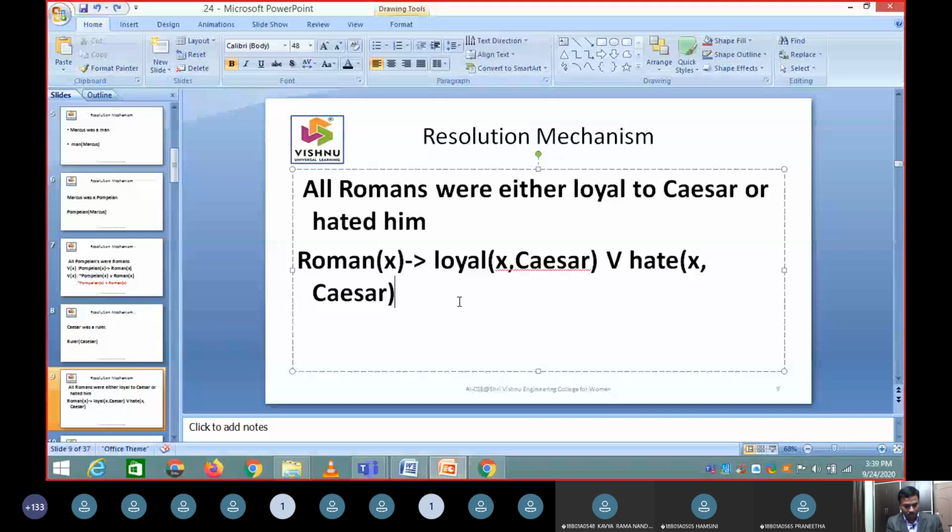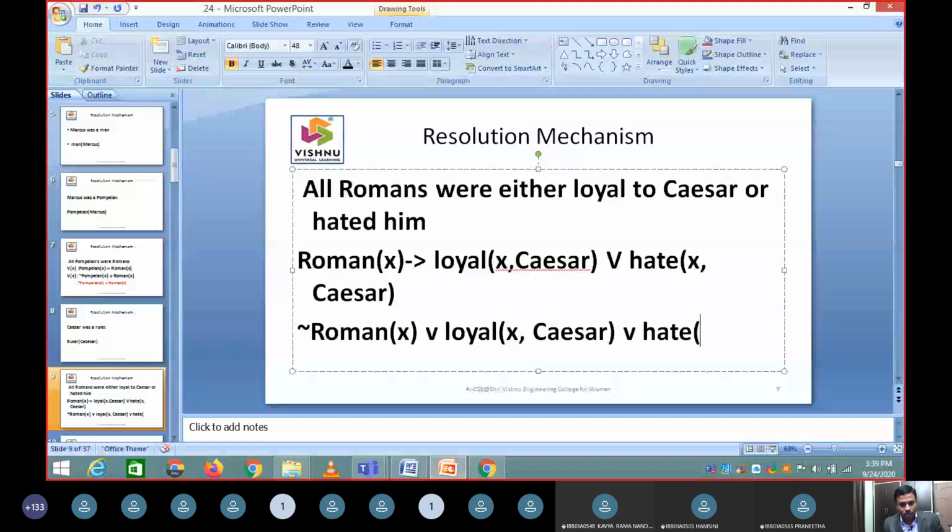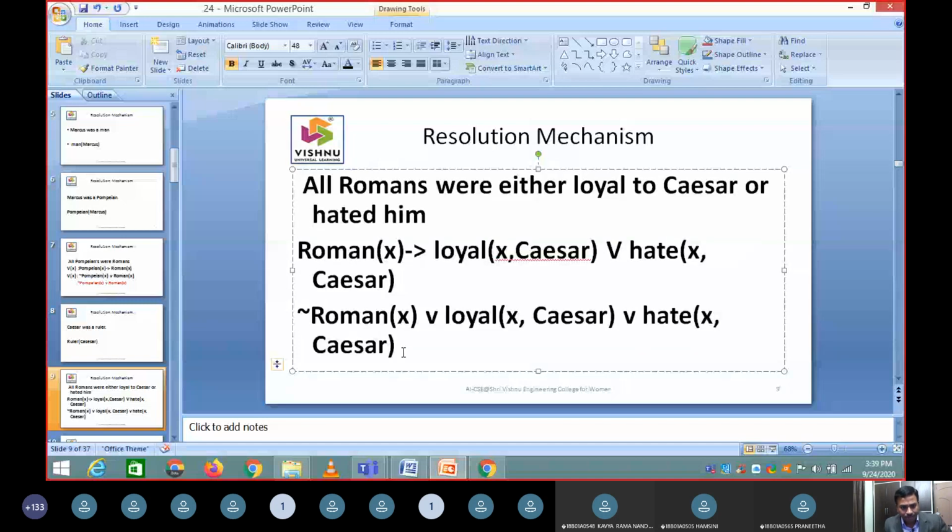So I have to use negation of Roman of x OR loyal of x comma z OR hate of x comma Caesar. This statement does not have any for all quantifier or any other quantifier, so this statement is in clause form.